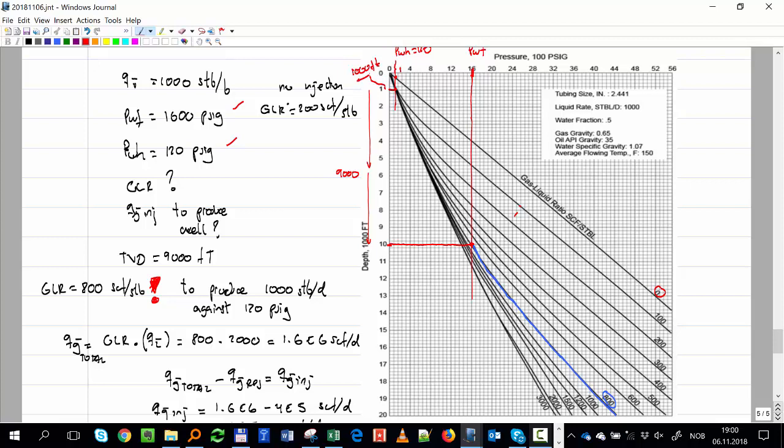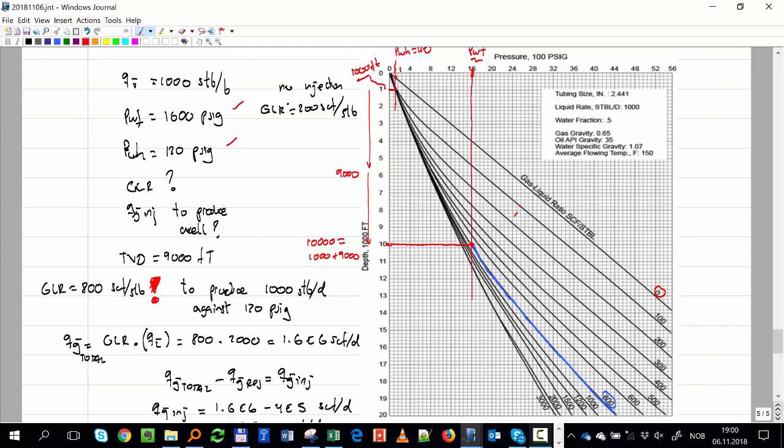That's the wellhead. Now I know the bottom hole is 9,000 feet down. So I come down 9,000 feet exactly to 10,000. So 10,000 is 1,000 plus 9,000. And then I say, well, the bottom hole pressure has to be exactly 1,600, right?